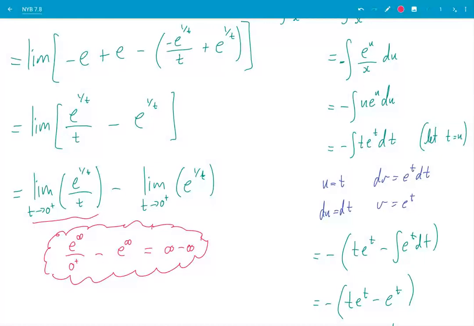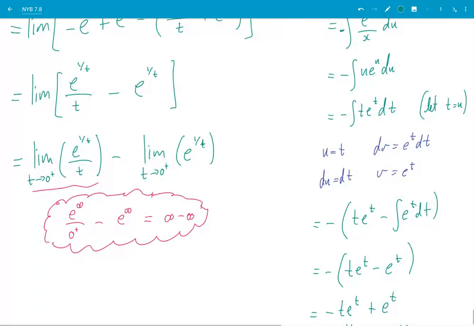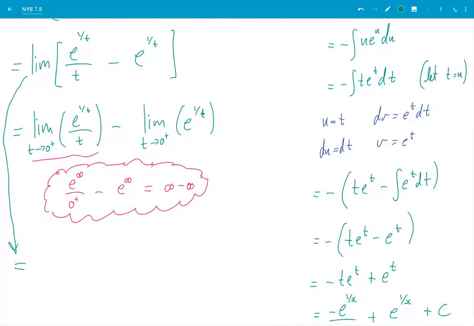So in fact, we're going to have to back it up a few steps and come back to this guy. And infinity minus infinity usually means factoring or common denominator. Let's factor out that e to the 1 over t.